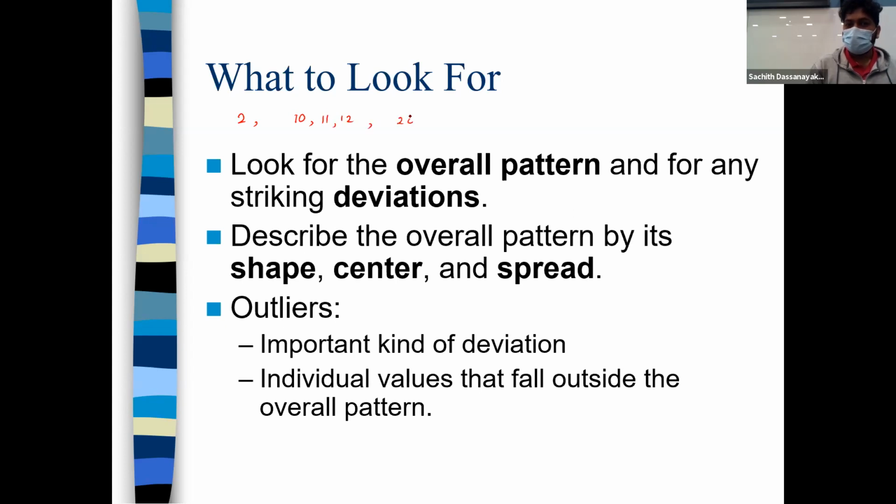Next one is 20. Just consider these values. Once you check this, you will see the first one is 2, and the next value is 10. The gap is about 8, right? Then you have 10, 11, 12. The gap is just one by one. After that, you will see 20, which means the gap between 20 and 12 is 8.